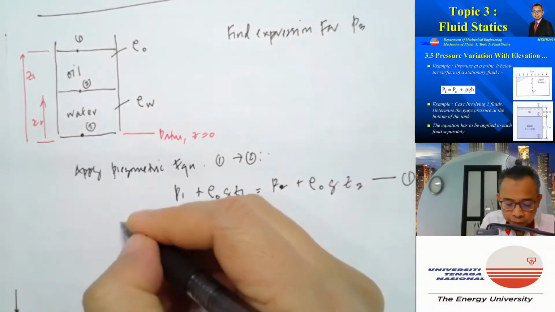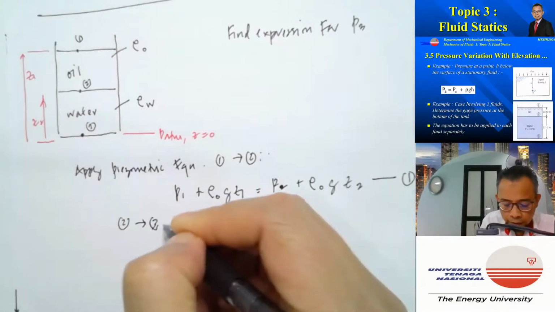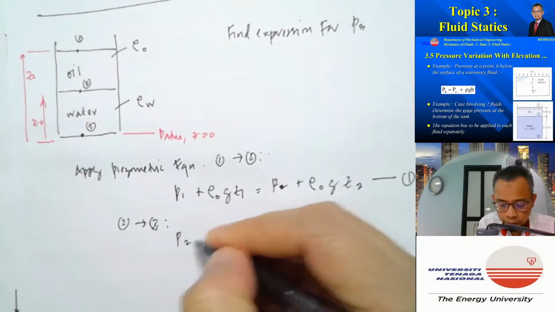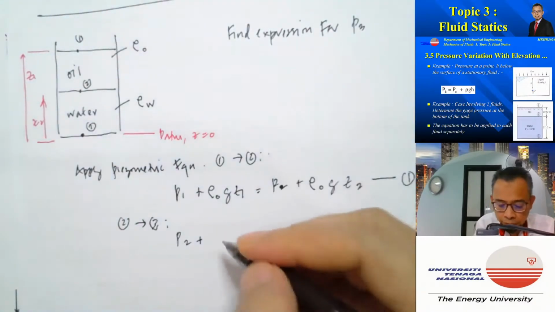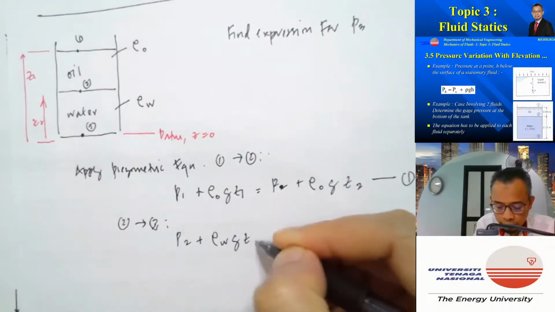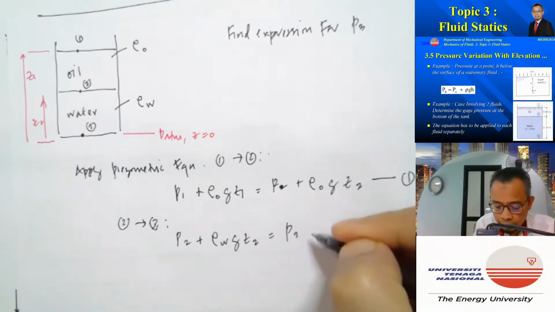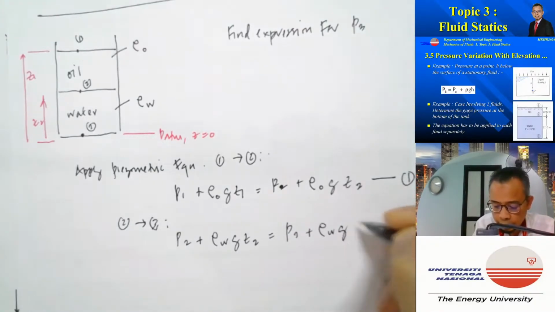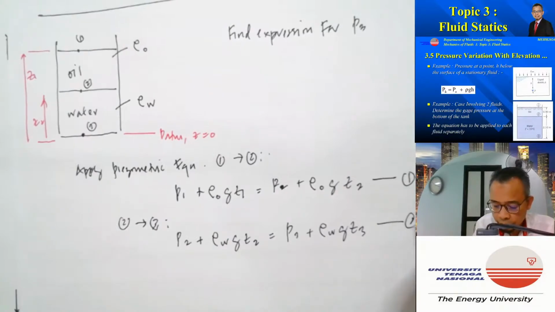Then I apply from 2 to 3. So I have P2, but now I have to use rho water, must be equal to P3 plus rho water G Z3, equation 2.